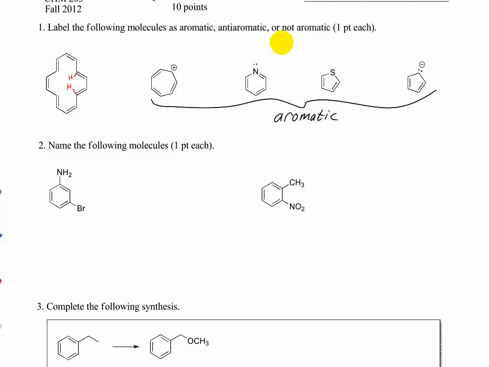There's also a picture of it in your book. Thiophene has 2 lone pairs, one of which ends up in a p orbital. The other one ends up in an sp2 hybrid orbital. Right, 2 electrons per lone pair. So one lone pair contributes to the pi system, the other doesn't. And then this one does contribute to the pi system.